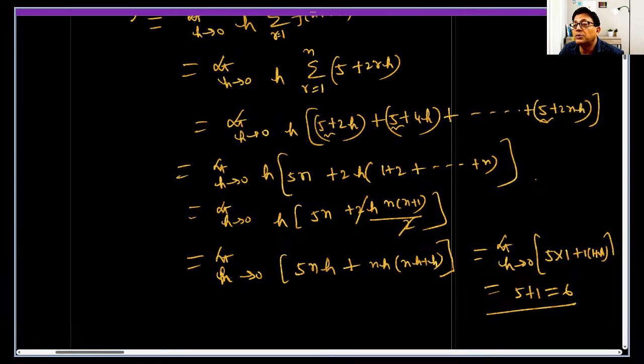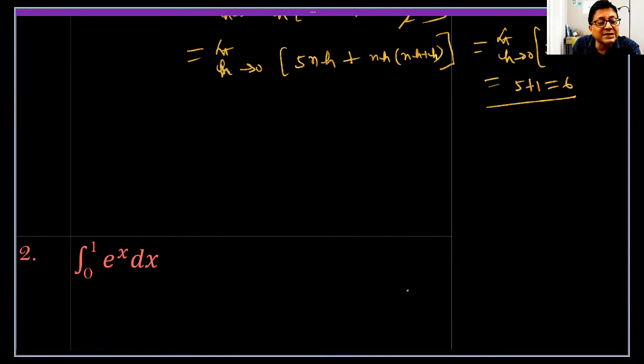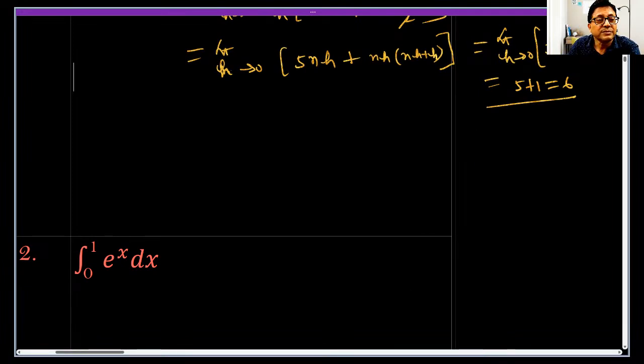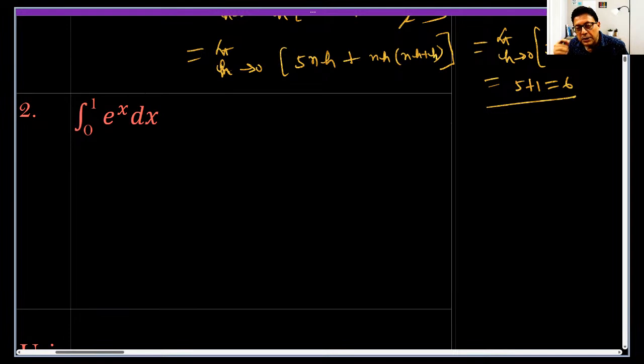Definitely we are not going to solve all the sums based on this concept, but this you need to know for your JEE sums. Okay, let us do the next one, the integral of e to the power x dx.